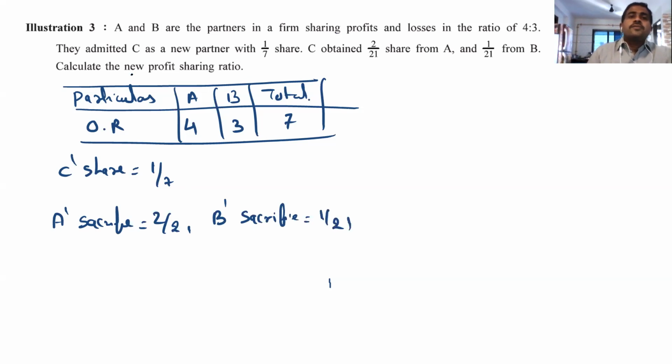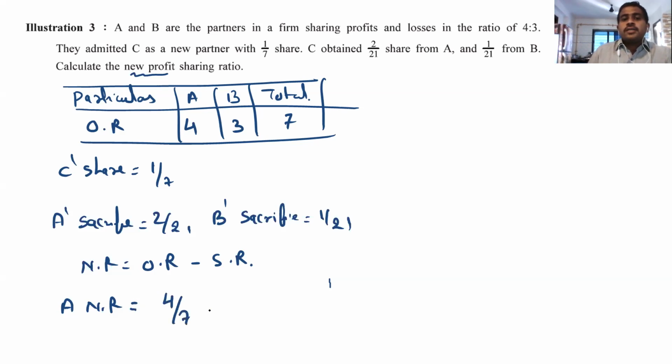And they are asking to find the new ratio. So new ratio is equal to old ratio minus sacrifice. Let's take the example of A. A's new ratio is equal to A's old ratio 4 by 7 minus 2 by 21.